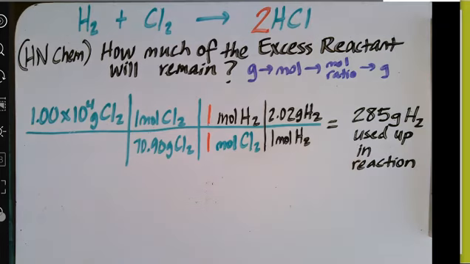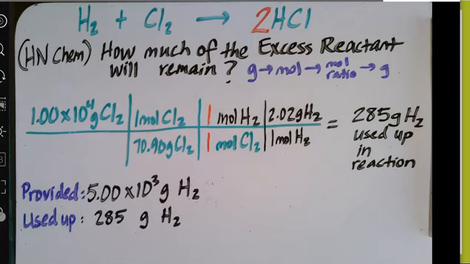Do you know now how to determine how much hydrogen is left over? Think back to the sandwich example. Remember, we were provided with 5.00 times 10 to the power of 3 grams of hydrogen in the problem. We used up 285 grams of hydrogen in this reaction. To determine how much is left over, we simply have to subtract.